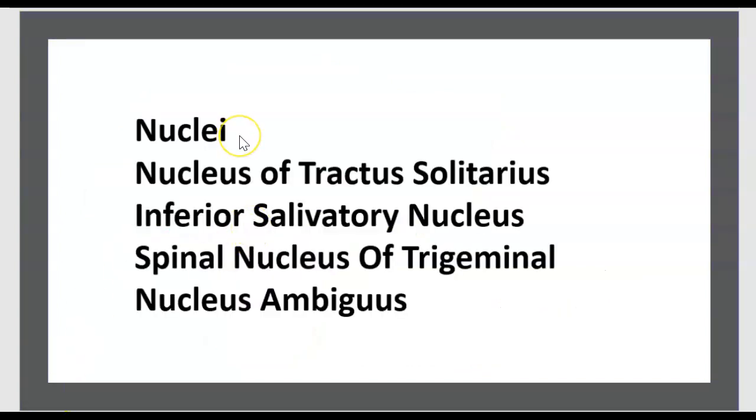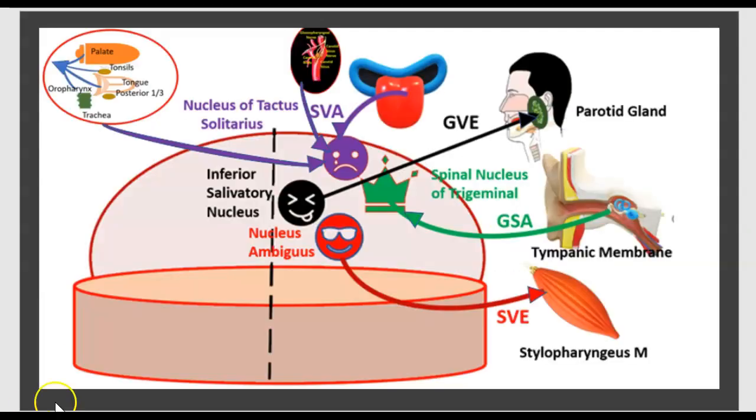Nuclei of the glossopharyngeal nerve: nucleus of tractus solitarius, inferior salivatory nucleus, spinal nucleus of trigeminal, and nucleus ambiguus. There are 3 afferents and 2 efferents. Afferents first, GSA, coming to the spinal tract of the trigeminal, and SVA, coming to the nucleus of tractus solitarius.